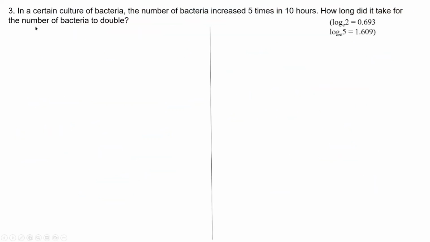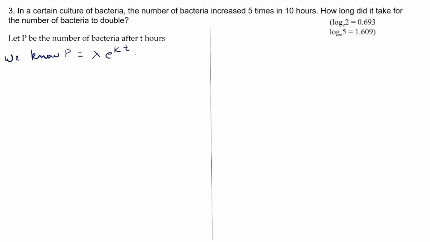Next question. In a certain culture of bacteria, the number of bacteria increased 5 times in 10 hours. How long did it take for the number of bacteria to double? So here, this is again a population growth model. Let P be the number of bacteria after t hours. Then we know the population growth model: P is equal to lambda into e raised to kt.